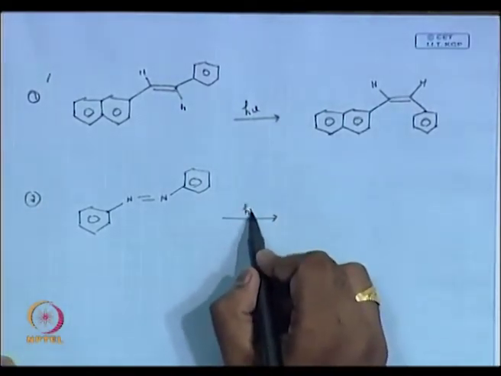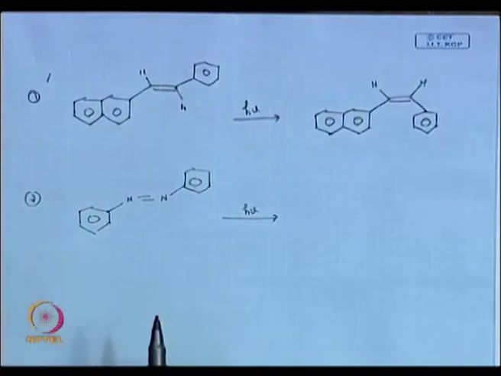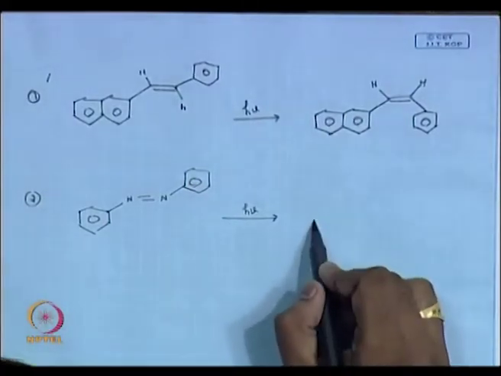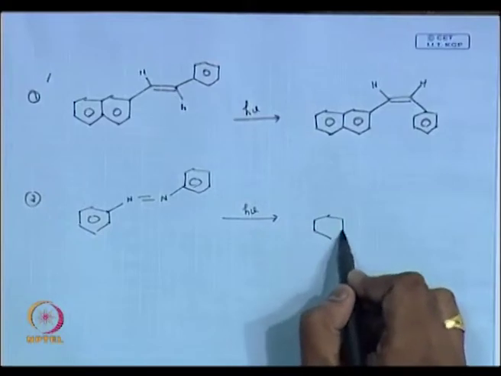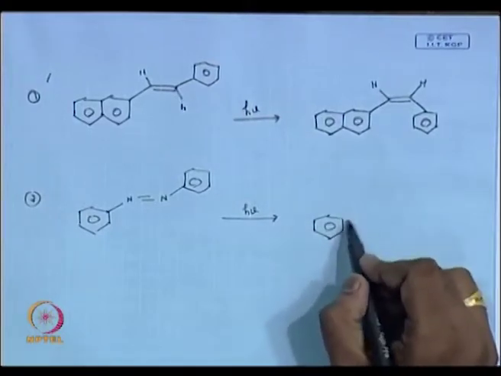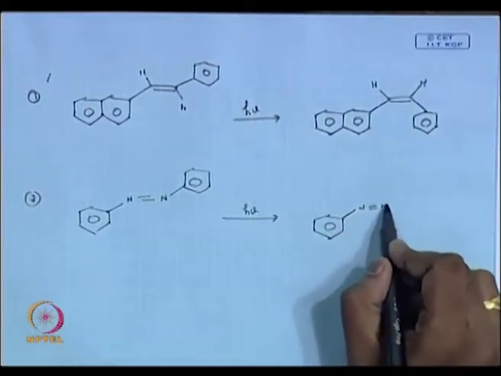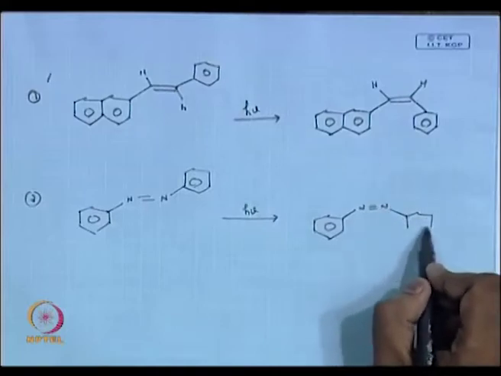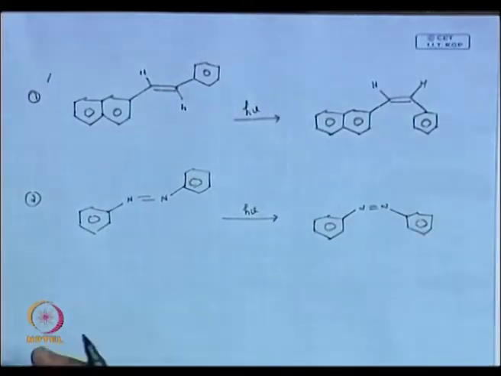Otherwise, what happens if you photolyze them for a long time, you can also see some chemistry of nitrogen going out. Okay, that type of chemistry is also seen in azo compounds. But simply, you take an azo compound, you photolyze, you end up with a nice cis and trans. Okay, this is easy to draw.